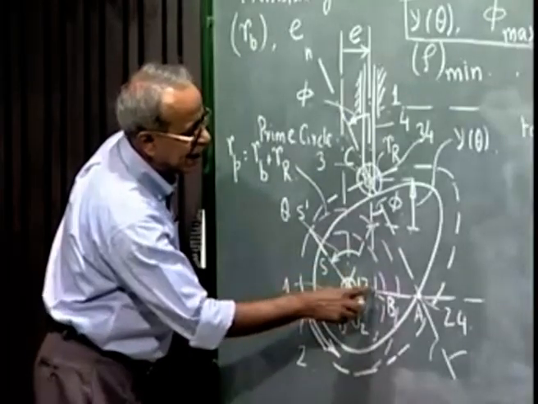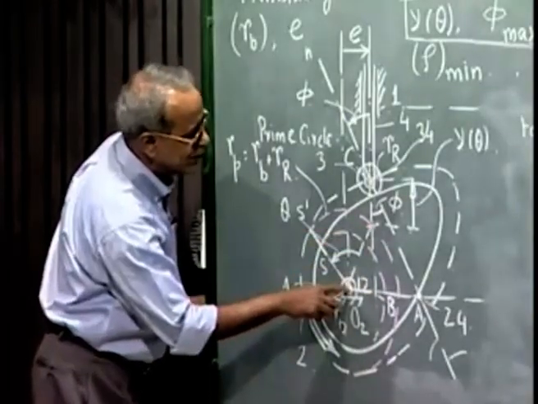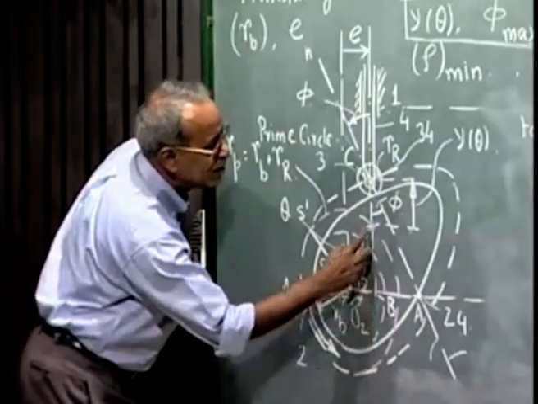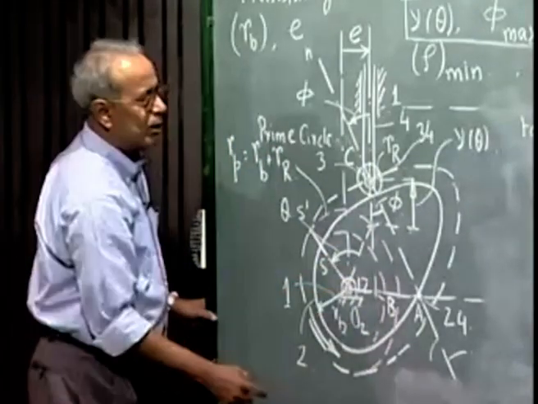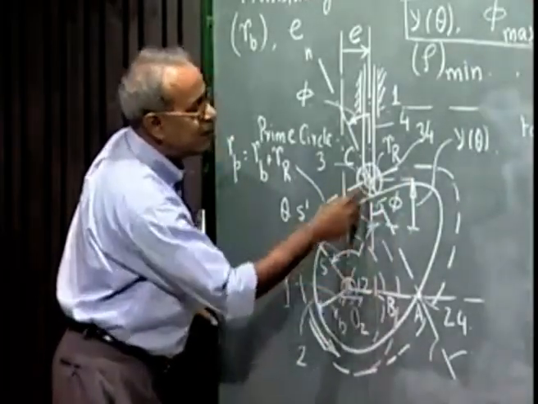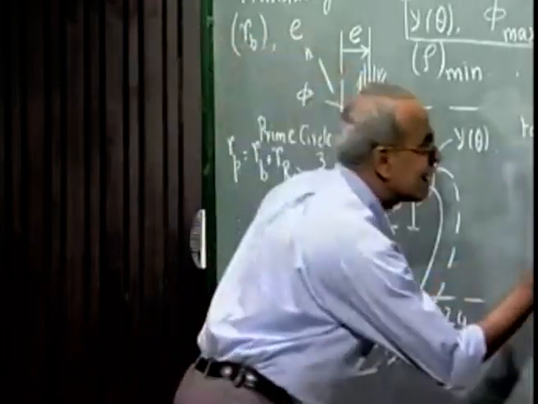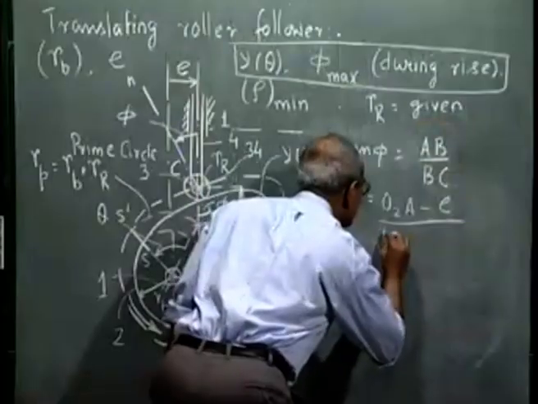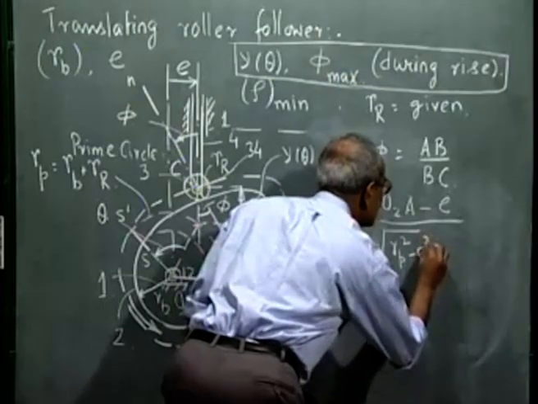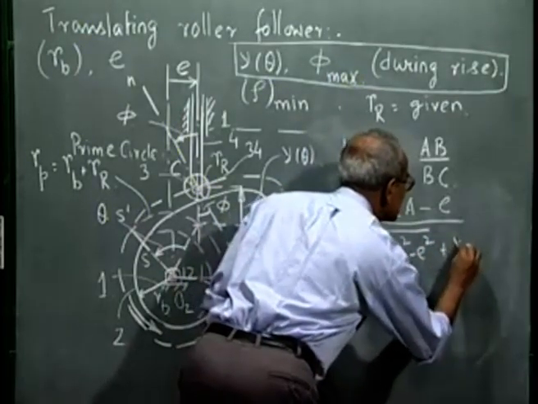I see a right angle triangle here. Hypotenuse is RP, that is the prime circle radius. This distance is E, so this vertical side is square root of RP squared minus E squared, plus Y. That gives me BC. So BC I can write as square root of RP squared minus E squared plus Y theta.